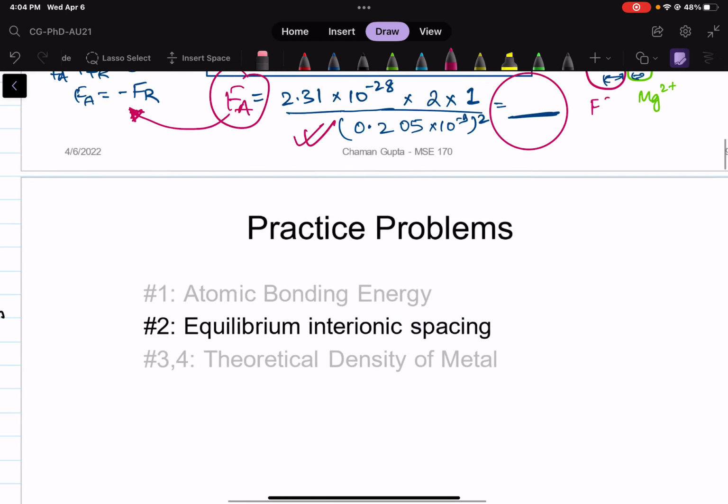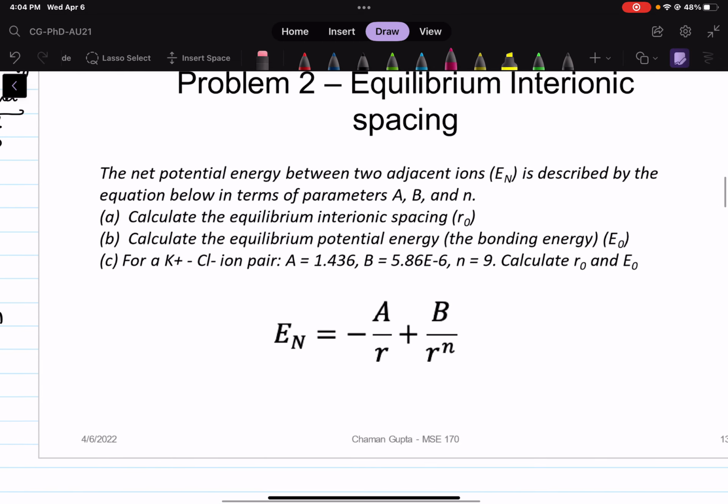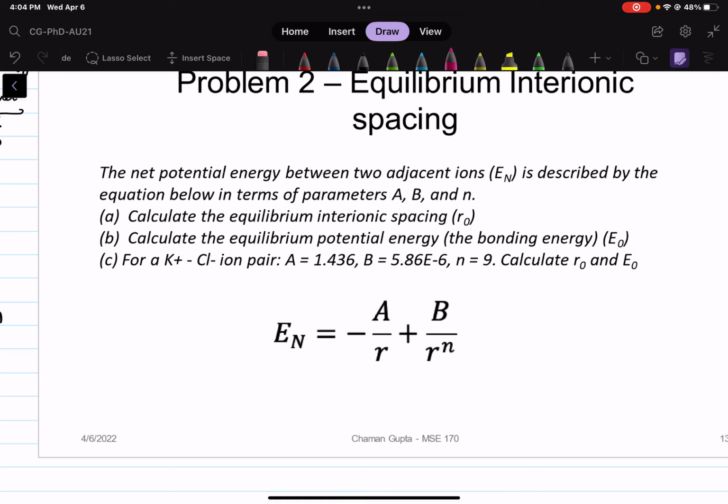Let's quickly look at the next question. This is a bit math intensive, but again, if you remember that one equation that I talked about, that's all you need. And the equation is dE over dr would be 0 at equilibrium, right? So what you have been given is the net potential energy between two ions.